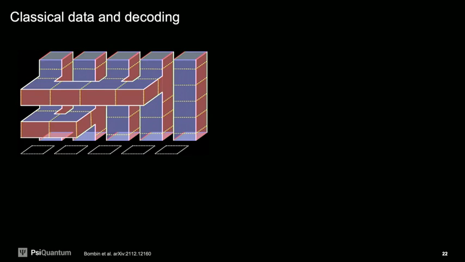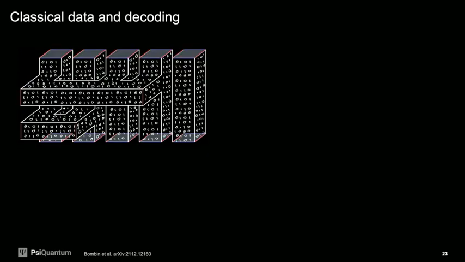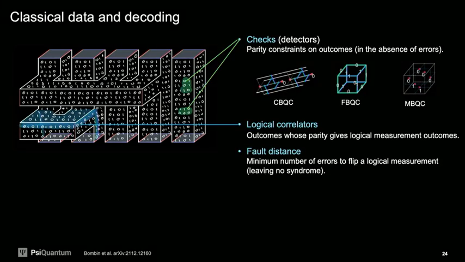Okay, so that's the quantum part. That's what a fault-tolerant quantum computation is at a very high level. What we see in the classical world is all of the outcomes of all of these measurements that we've performed throughout the computation. And the important thing is that these classical outcomes follow the same structure as the quantum computation, the same kind of geometry.